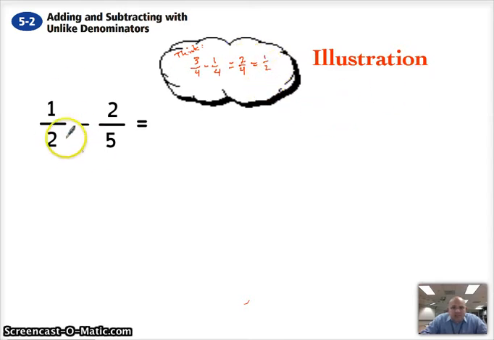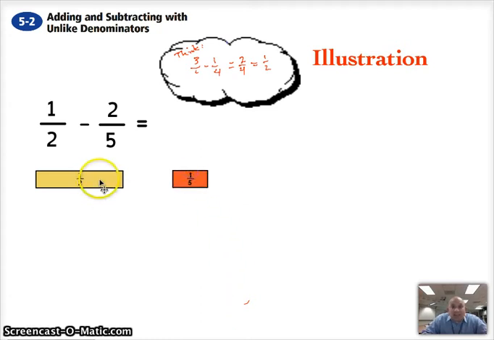Now, here we have unlike denominators, and we want to get to the place where we can have like denominators. So what do we do? Well, first of all, let me show you using a method which allows me to show you graphically, which is taking these two bars.